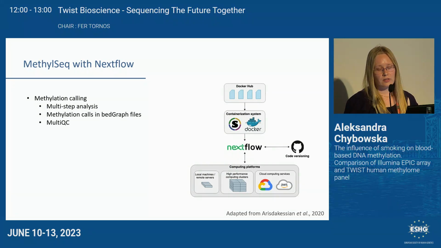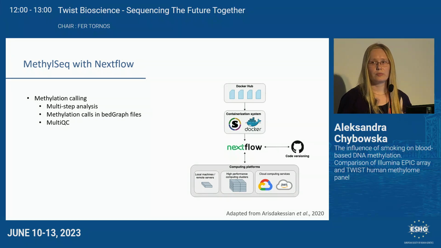Its main functions include FastQ file preprocessing, read aligning, and quality control of the results. As I said, it was developed using Nextflow, which is a domain-specific language for developing scientific pipelines. It can run on different computing platforms, be it your own local machine, high-performance computing cluster, or cloud services. And it also supports parallelization, which is important.